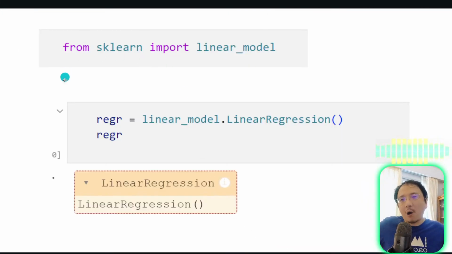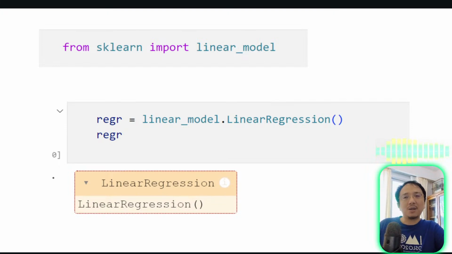So this is how we do it with Scikit-learn. First of all, we have to import the linear model submodule here. And we use linear_model.LinearRegression to construct a regressor. Because we call something a classifier, we call this a regressor.